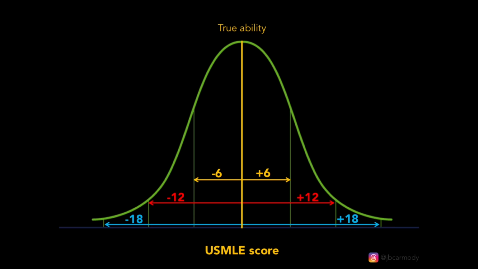Even under this contrived, ideal set of circumstances, if you made a histogram of a person's scores, that histogram will be centered around the score that's their true ability, but the spread around it is going to be wide. The 95% confidence interval spans a 24-point range, and the 99% confidence interval spans a 36-point range.